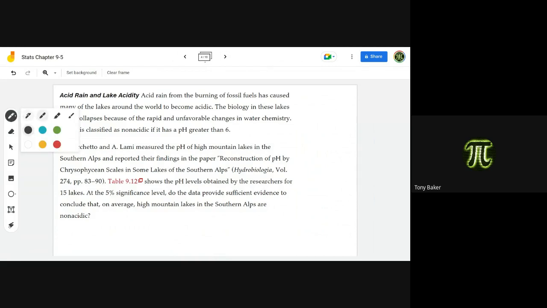So what is my null hypothesis? Let's see. Yeah, the mean is going to be 6. So your null hypothesis is always got to be equal.